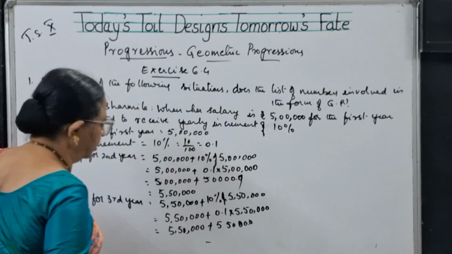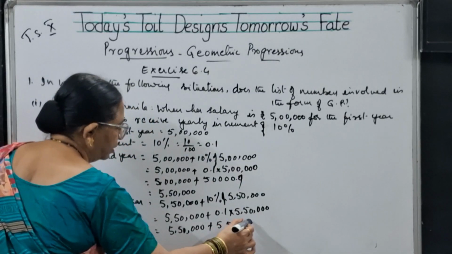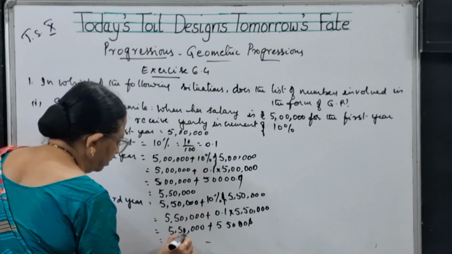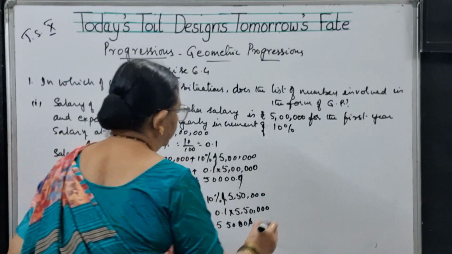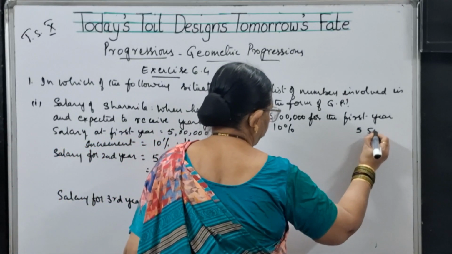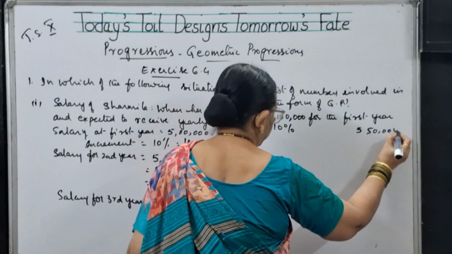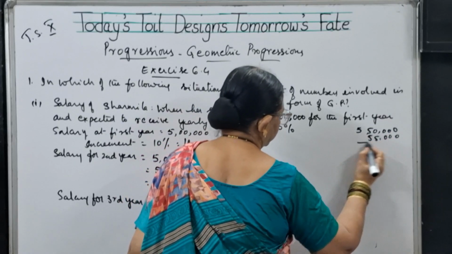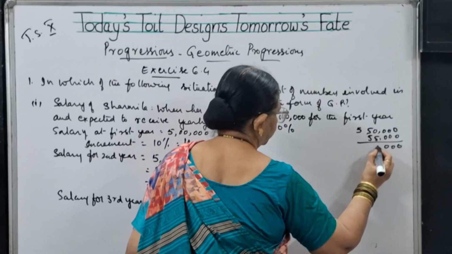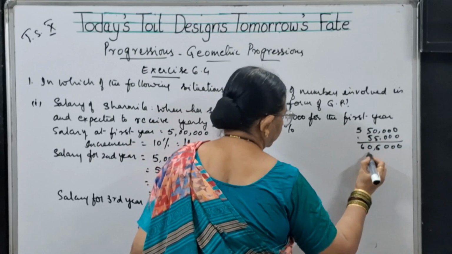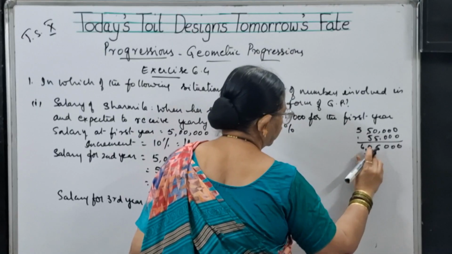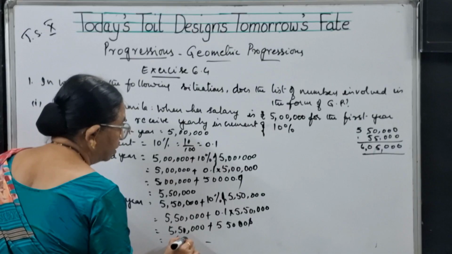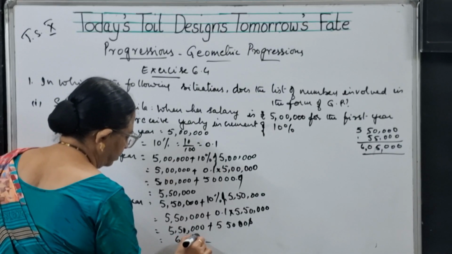In this, keep a point here because you are multiplying with 0.1. So that is 5,50,000 plus 55,000. So 0, 0, 0, 5, 10, 6. You are getting 6 lakhs 5,000. So it is 6 lakhs 0, 5, 0, 0, 0.